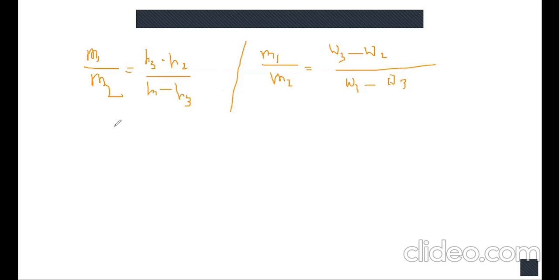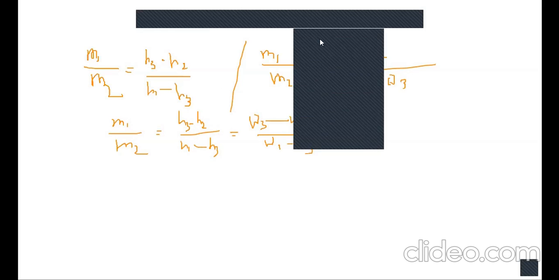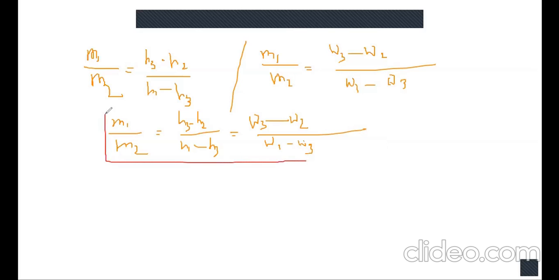From these two equations, we simply write down m1 by m2 equals to h3 minus h2 by h1 minus h3 equals to omega 3 minus omega 2 by omega 1 minus omega 3. This is altogether our main equation.